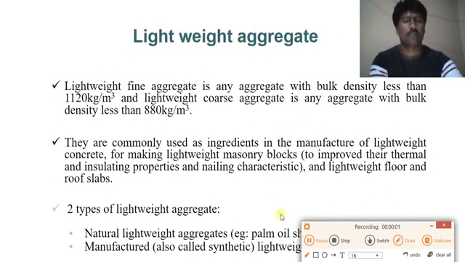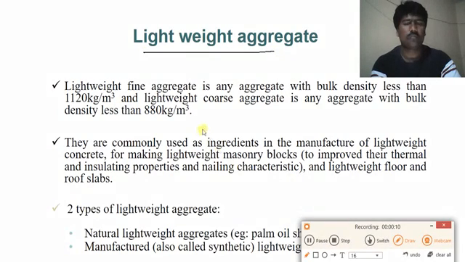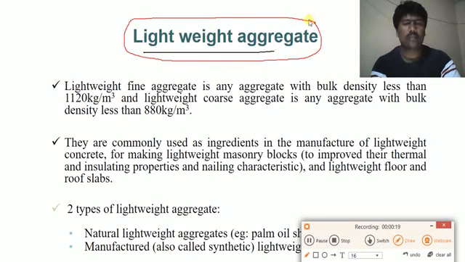Now we will see what we mean by lightweight aggregates. The name itself says that the aggregate is very lightweight, so it produces a lightweight concrete.